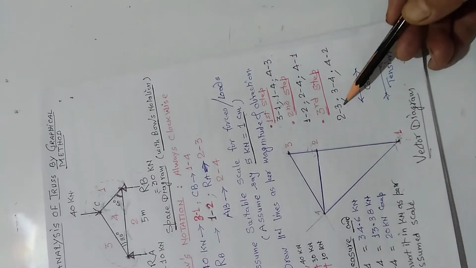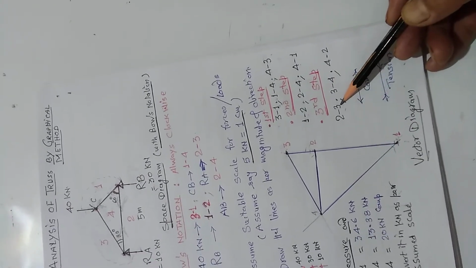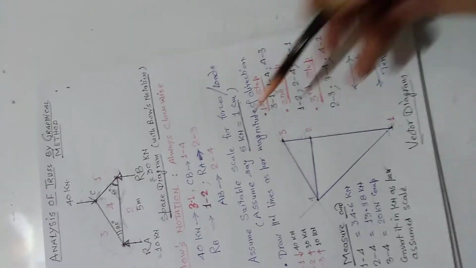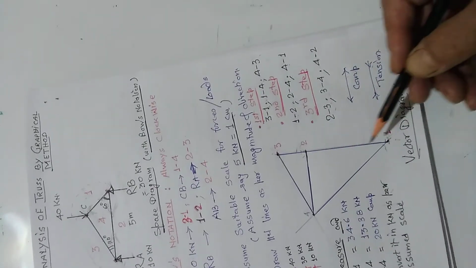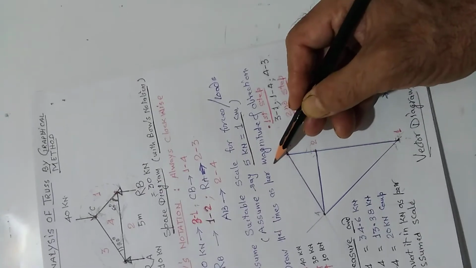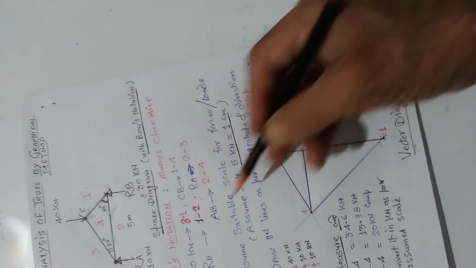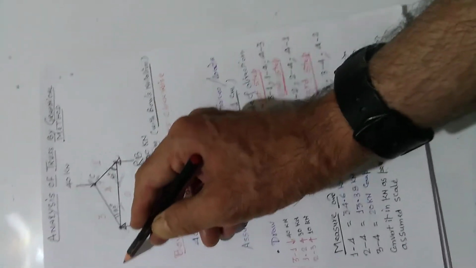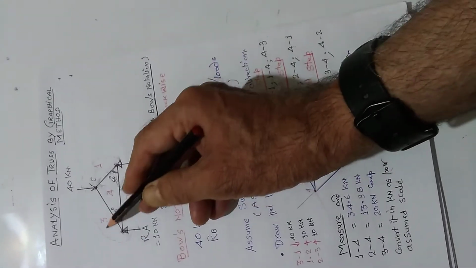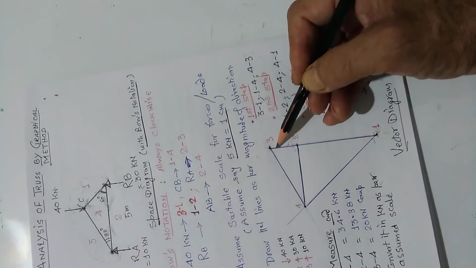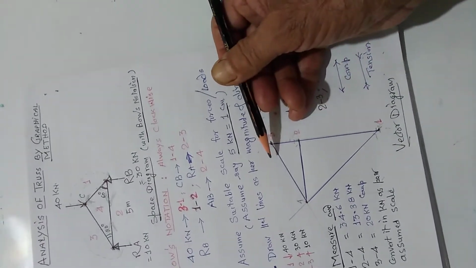I will repeat only for this. First just 2 3 3 4 4 2. If I go from here 2 3 upwards, okay, then 3 2 upward, 3 4. From here 3 4 we are going in this direction.